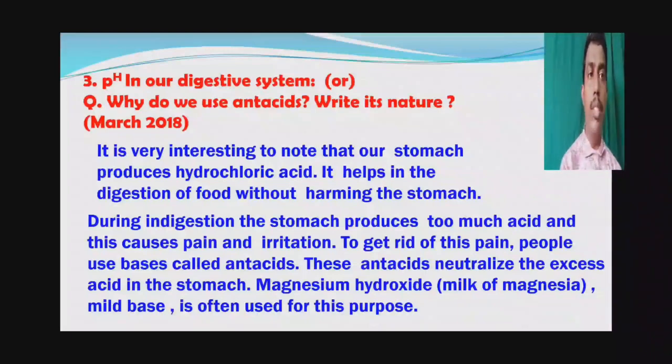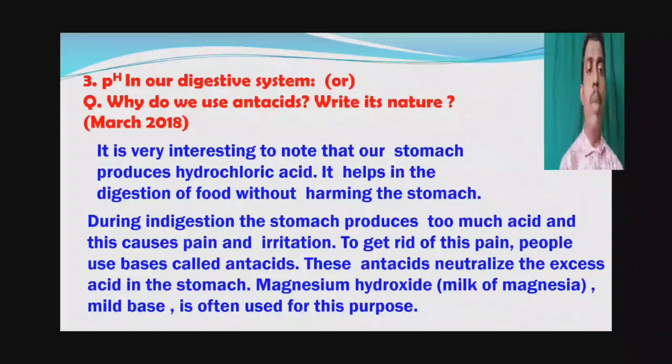When an acid reacts with a base, it is neutralized. These bases, used to prevent excess acidity, are called antacids. These antacids neutralize the excess acid in the stomach, and then we get rid of the pain.